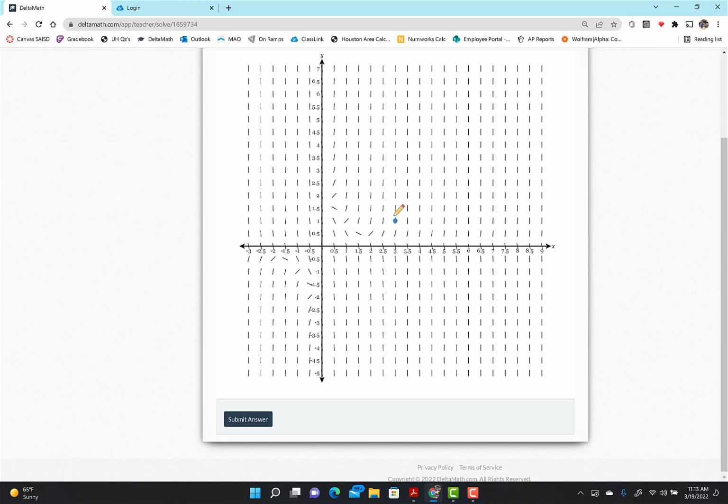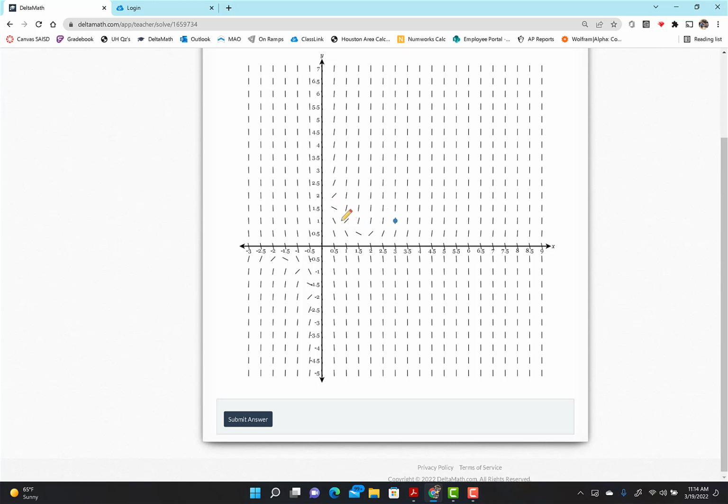Let's see if I can do it. So it looks like, for sure, you see how these are practically vertical? So it looks like it goes like that. And then it's going to go like that. And what's happening here? Trying to follow it. Let's see. It's going down. And then it's going up. It's going up right here. So how is it going?